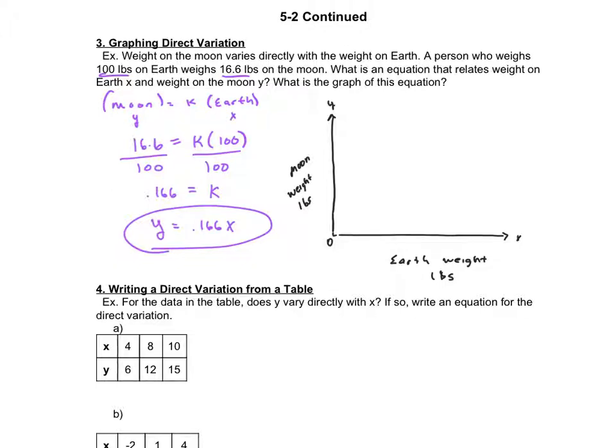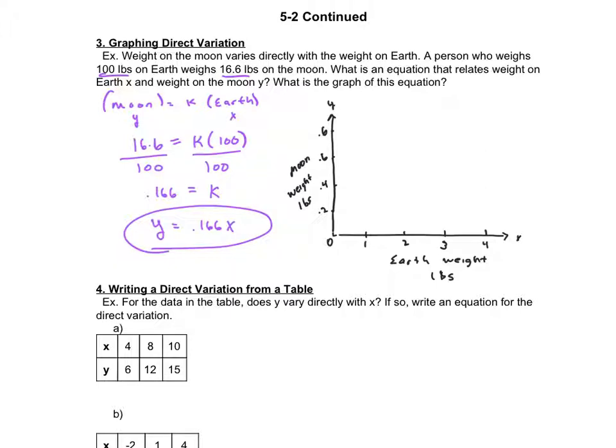So what I will do is I will just go by intervals of 0.2. And then I'm going to have my Earth pounds, and I'll just do intervals of 1, 2, 3, 4. Okay, so I've set up my grid, or the plane that I'm going to graph in.